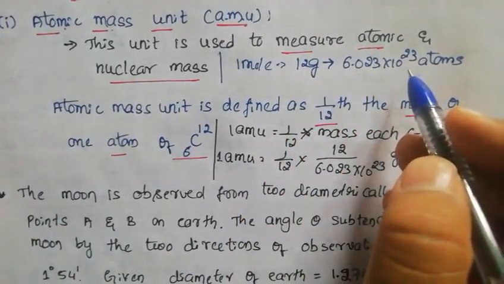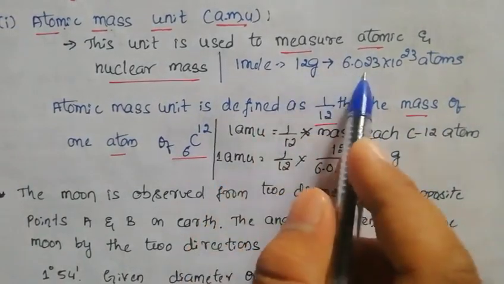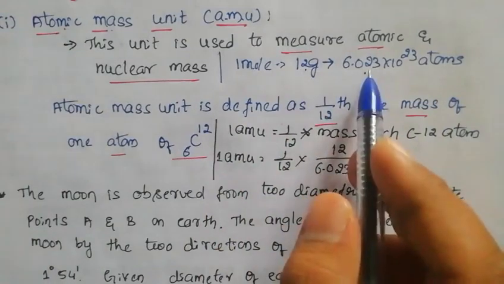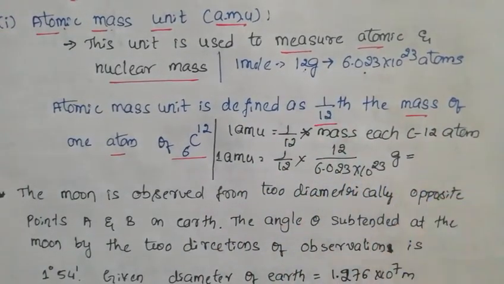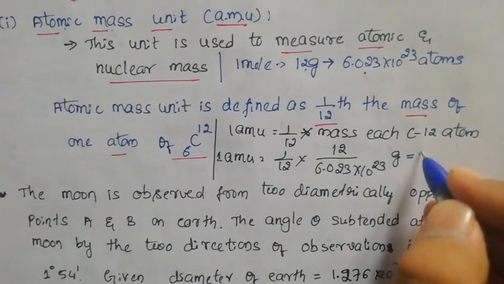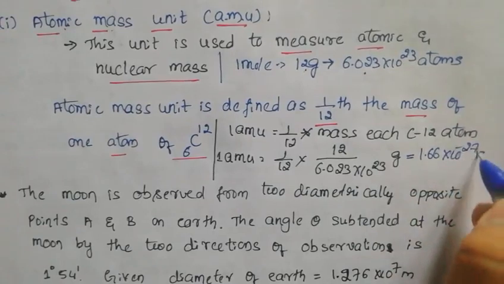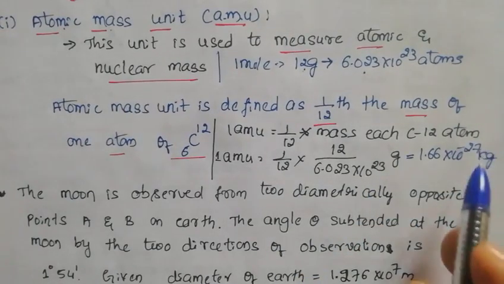We want the mass of each atom, so I divide 12 grams by this much. Total mass by total number of atoms gives the mass of each particle. If you simplify, you get 1.66 into 10 power minus 27 kg after converting grams to kg. It is actually 10 power minus 24 grams.